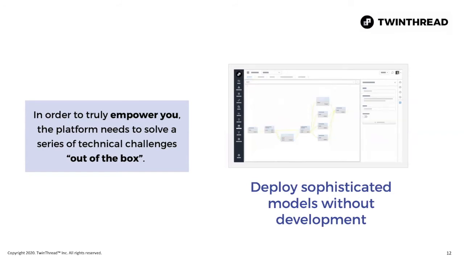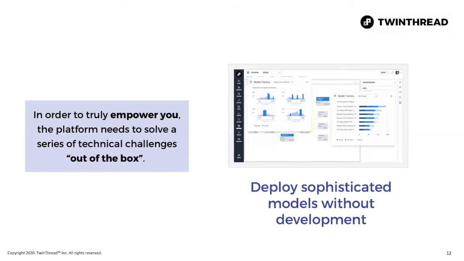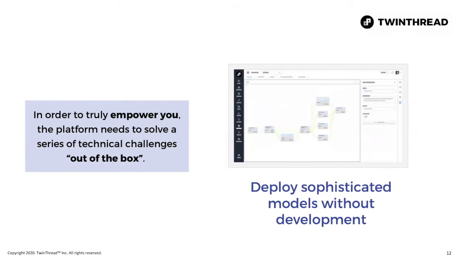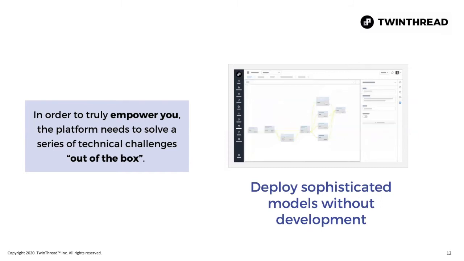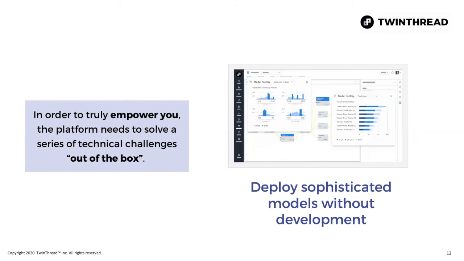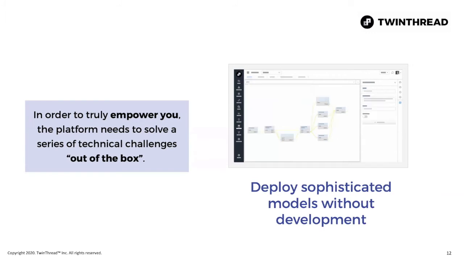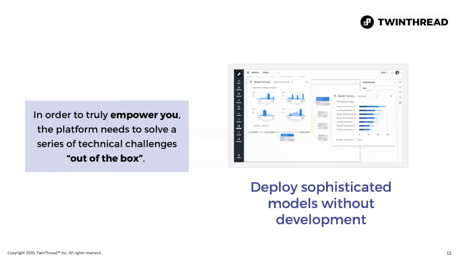And the next piece is being able to deploy sophisticated models without development. So this is sort of the next level of innovation, to be able to not just create digital twins and the metrics, and let's say key metrics, around those assets. It's about being able to build predictive models and deploy those against your digital twins and against your equipment without having to develop.